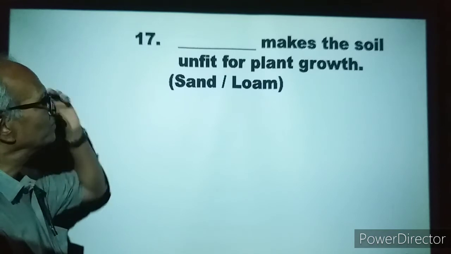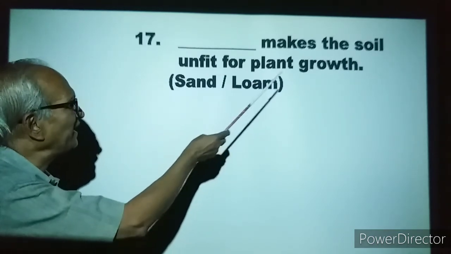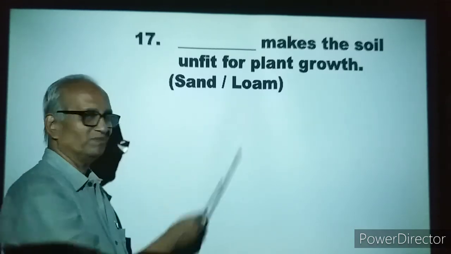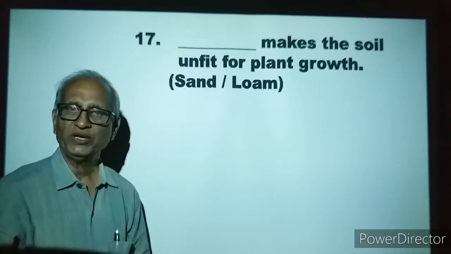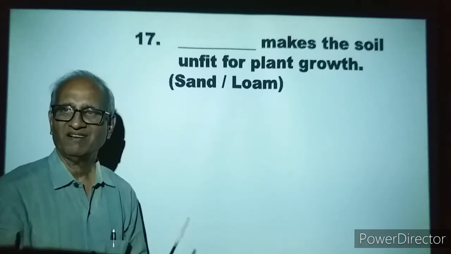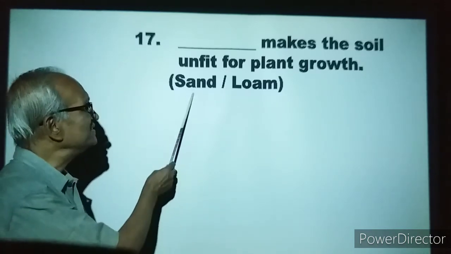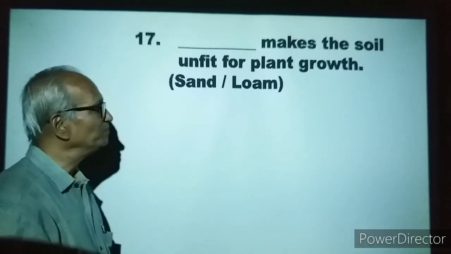Next. Dash makes the soil unfit for plant growth. Sand or loam. To make the plants grow, you need the right medium there. The right kind of soil you need. Which one is the right one? Sandy soil or loamy soil? What do you need?